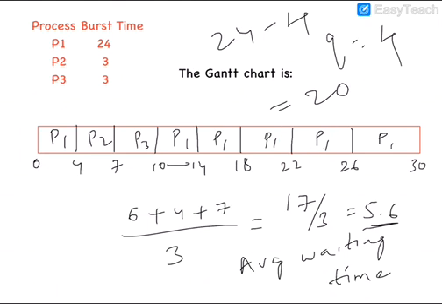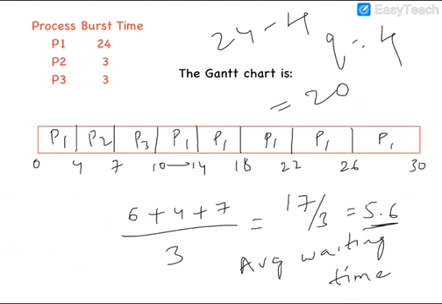Similarly, P1 again, every time for 4 units of time, and five 4s are 20, so 20 units of time have elapsed for the P1 process, but every time it is only 4 units of time because the time quantum is 4 units. So we have finished it. All the processes in the ready queue have finished. This is how a Gantt chart will be prepared.